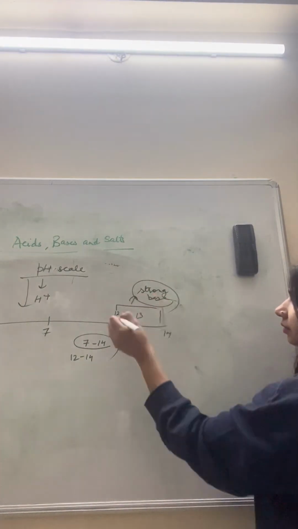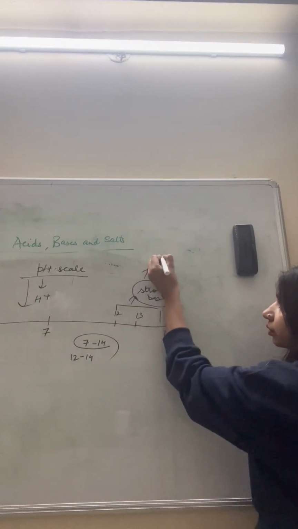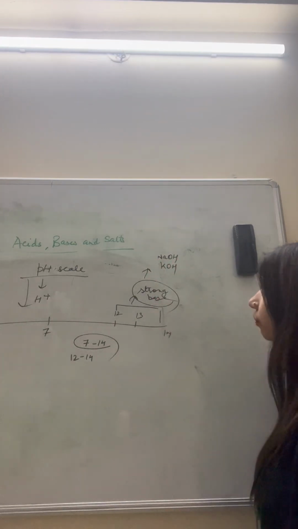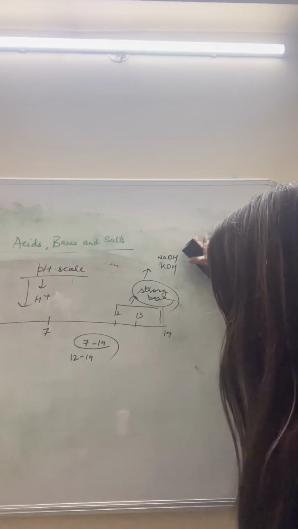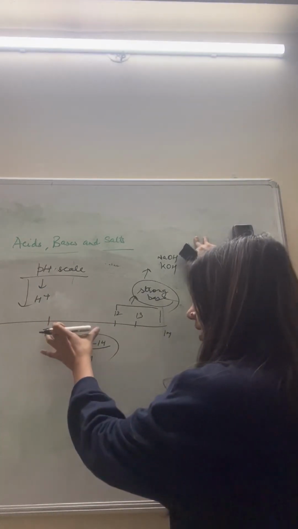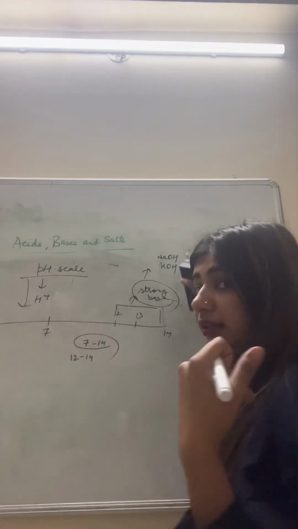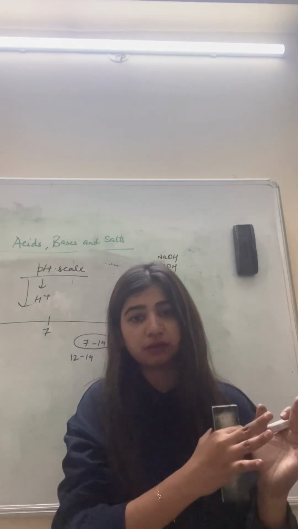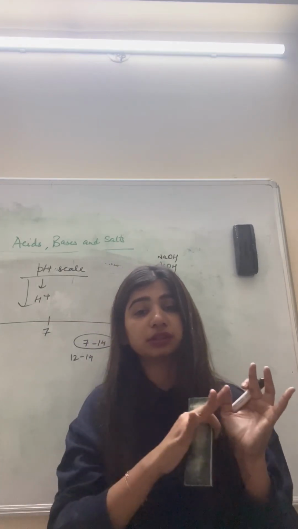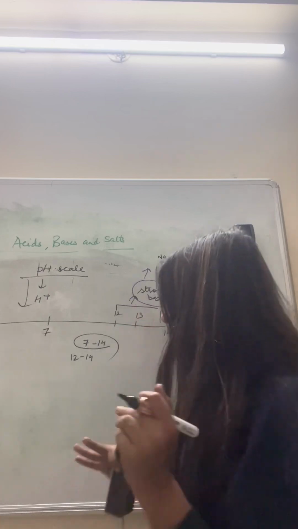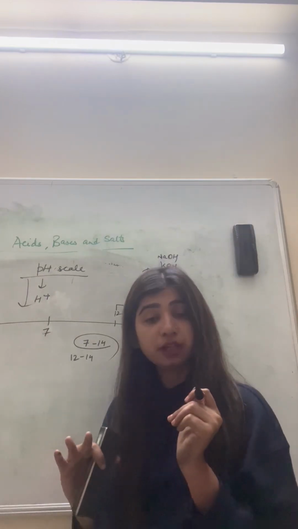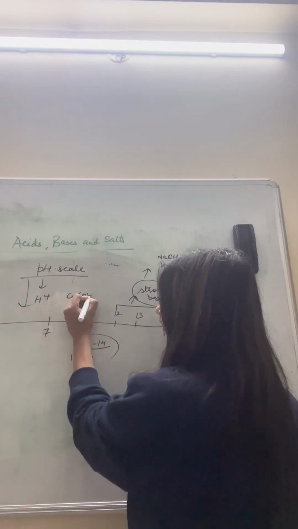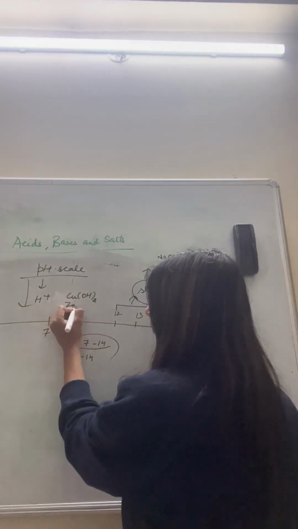Like sodium hydroxide, potassium hydroxide. Both of them are strong bases. And if any solution has pH like 10, 11, 8, 9, less than 12, then we will say that the solution is a weak base, like copper hydroxide, zinc hydroxide.